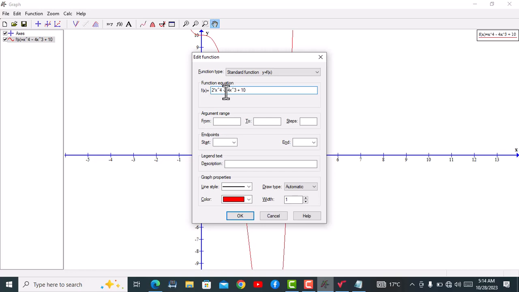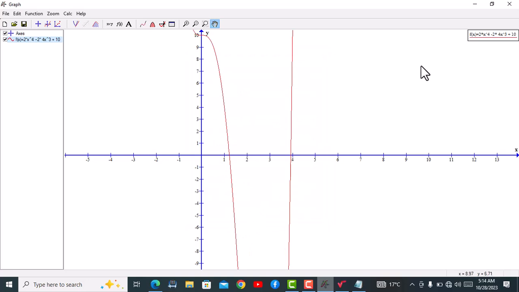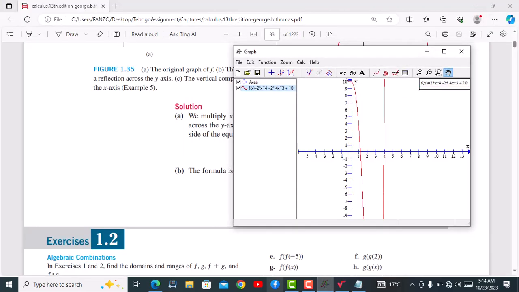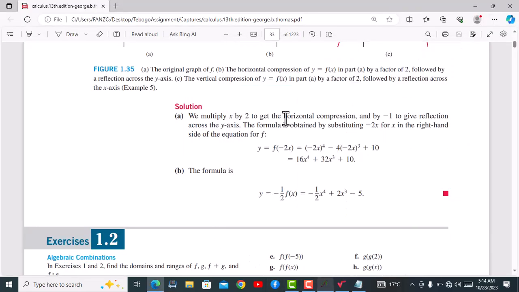minus 2 times that, and I try to draw this function. So we are just multiplying everything by 2. So we have x^4 and we multiply that by 2.